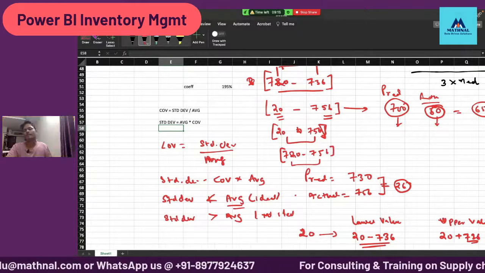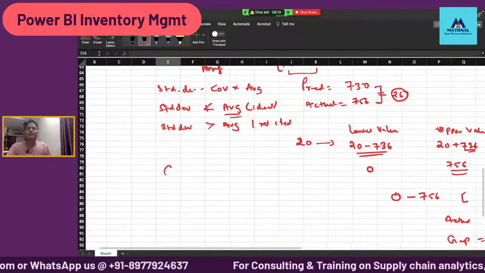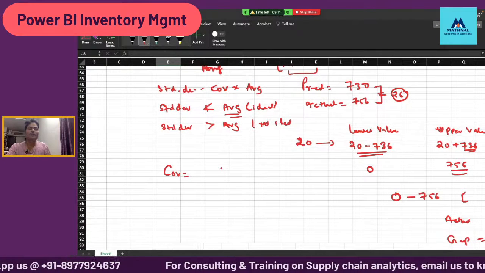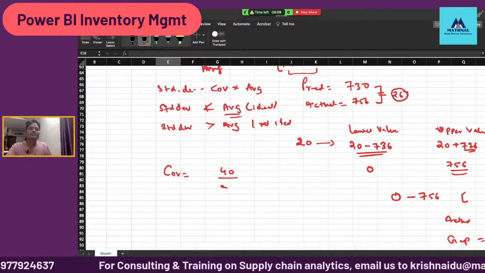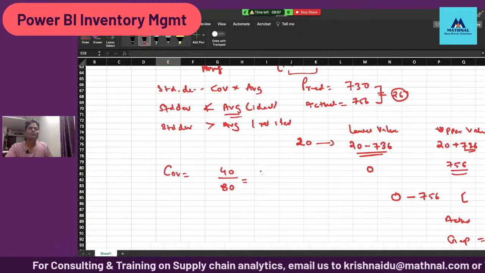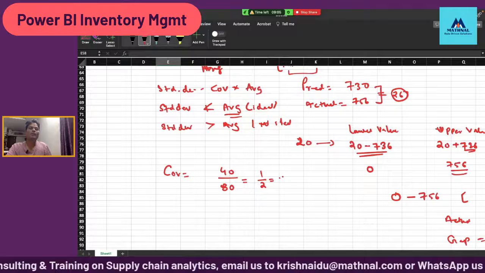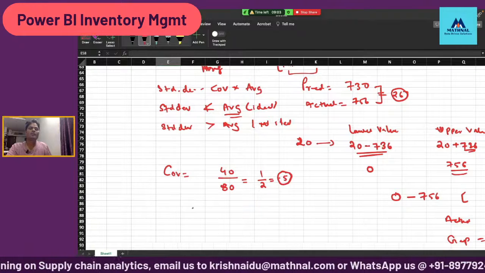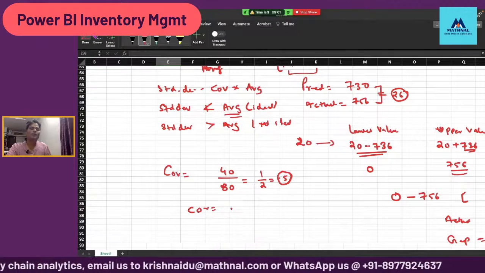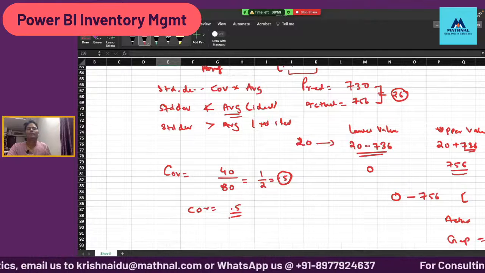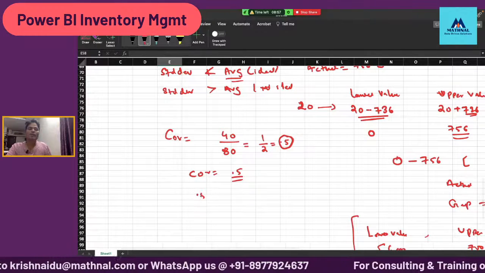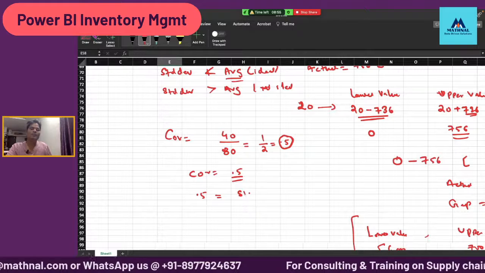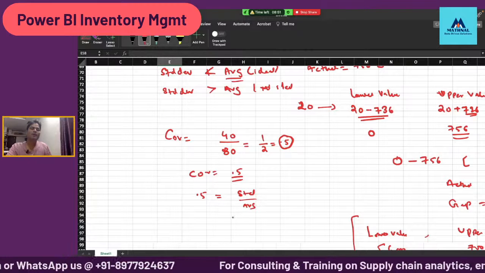Coefficient means factor. Suppose my standard deviation is 40 and average is 80. So what is this? 1 by 2, 0.5. What is COV here? COV is 0.5. So what is the meaning of this? 0.5 is equal to standard deviation by average.